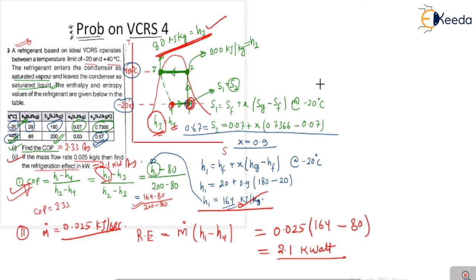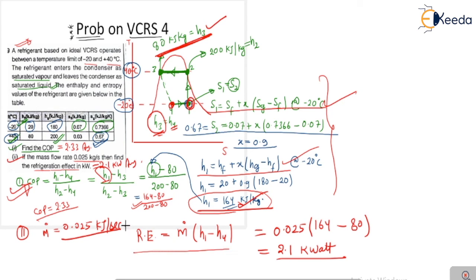So let's apply the property of pure substance basic formulas for our entropy and our enthalpy, and using these two equations, we have to solve our unknown value, put it over there, and by applying all the given data, find the COP value.